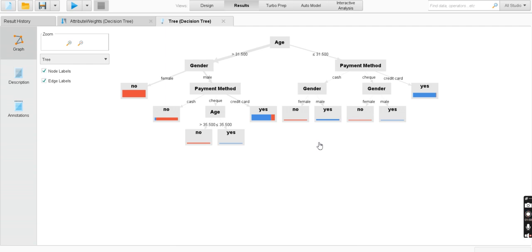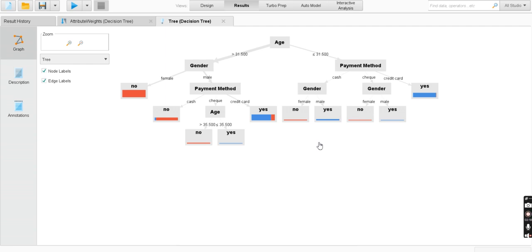So after 31 years, the payment methods of male are more, and they pay by using credit card mostly. And after that, some people will pay through check, and hardly any people use cash.